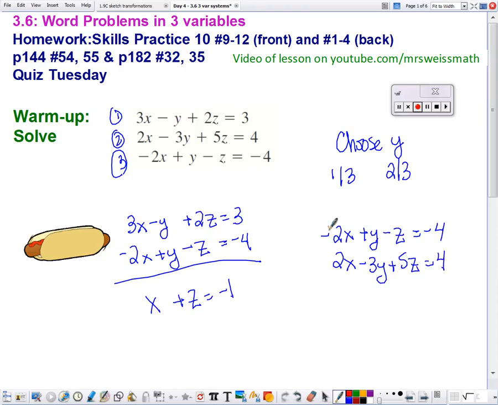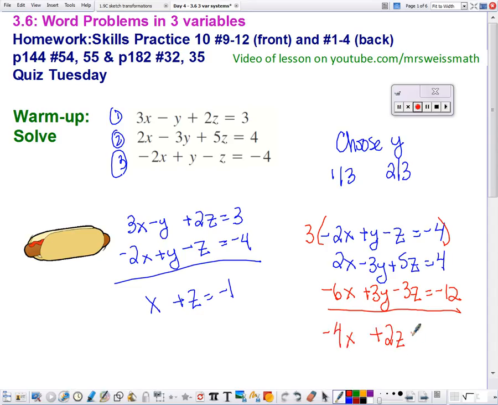So this top equation, I need to multiply every single term by 3 so that my coefficients match. And now when I add the blue and the red ones together, I get -4x plus 2z equals -8.